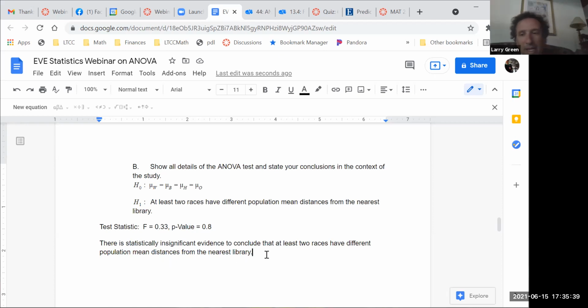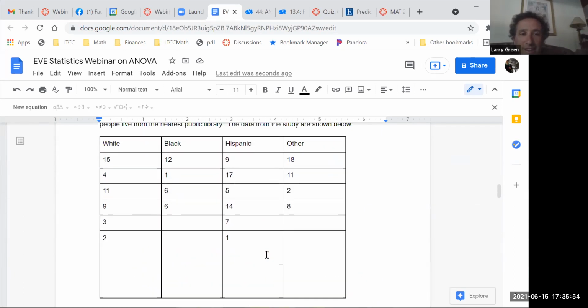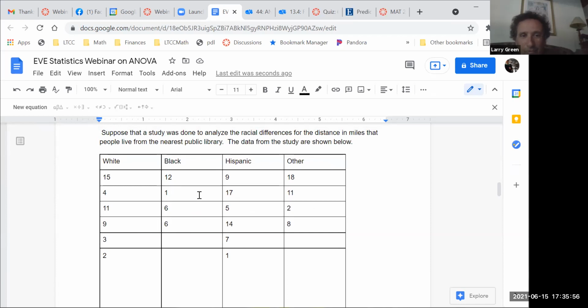Okay, so does that mean that they're all the same? Yeah, definitely not. Notice that we had a sample size for blacks and other of 4, and even white and Hispanic was a sample size of 6. A tiny sample size. So what that very possibly could mean is that our sample size was just too small, so we weren't able to get evidence.